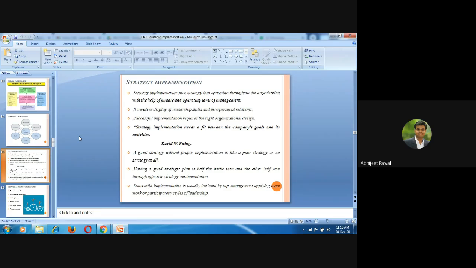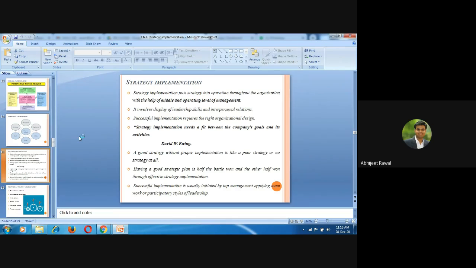Then what the mission statement and vision statement of an organization will be. Related to that, we formulate the strategies in chapter 2. We have seen the features and characteristics of strategy formulation. In chapter 3, we actually implement the entire strategies made by the organization.